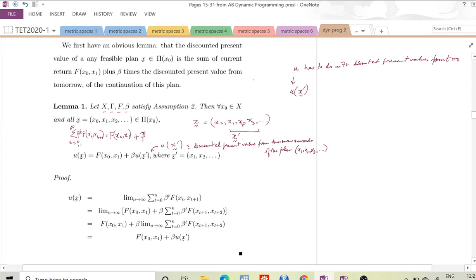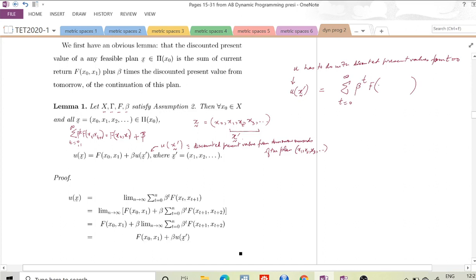The point is it doesn't matter. So if I write it here, it should look something like I'm starting at t equals 0, going all the way to infinity, discounting by beta to the t, and my current rewards in period t.